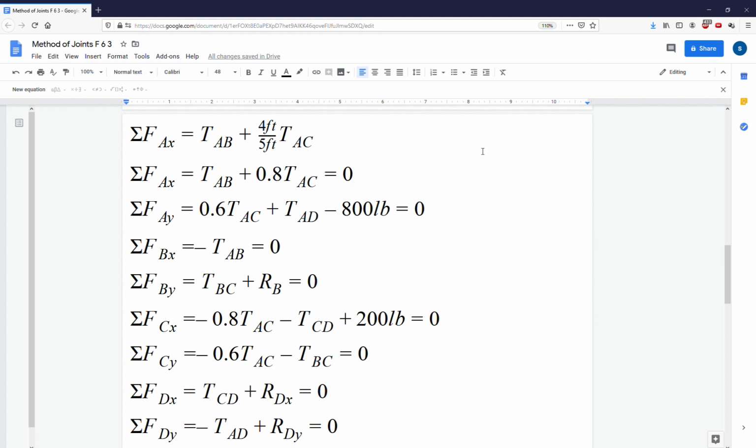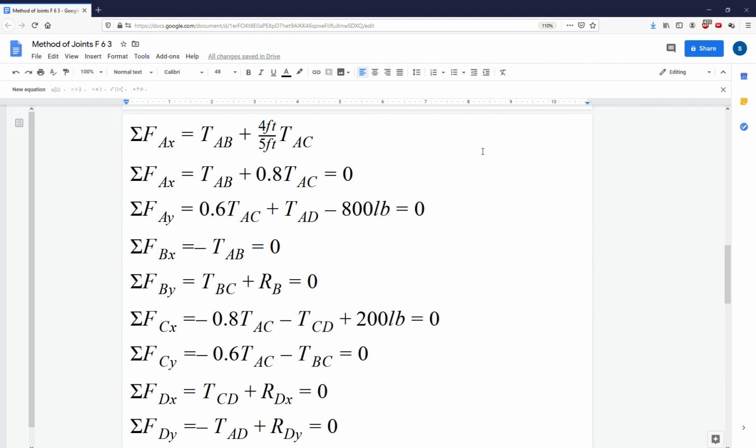In the y direction on C, there is member AC pulling it down at a diagonal, and member BC pulling it straight down. So the sum of forces on joint C in the y direction is negative 0.6 TAC minus TBC.